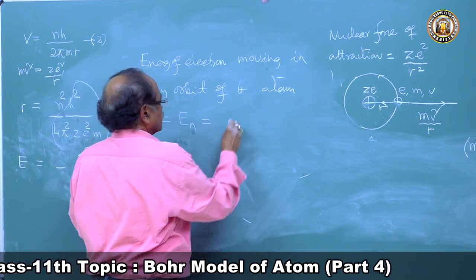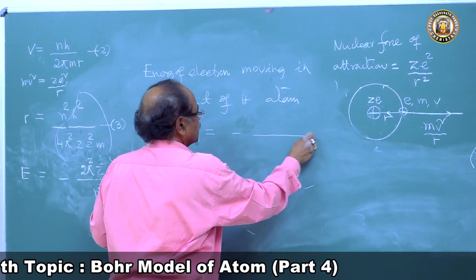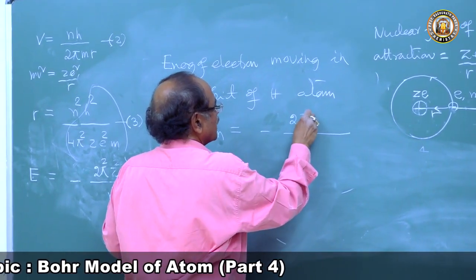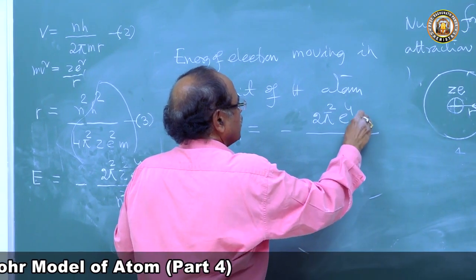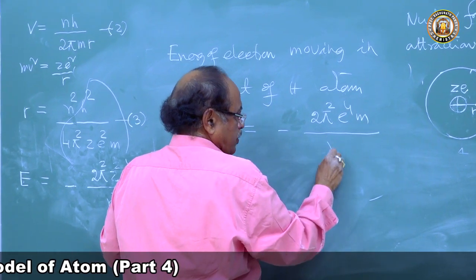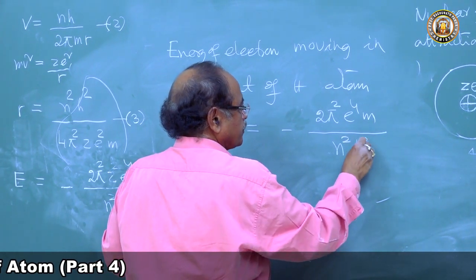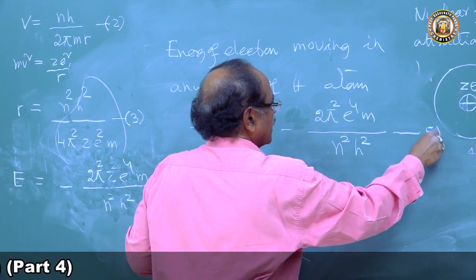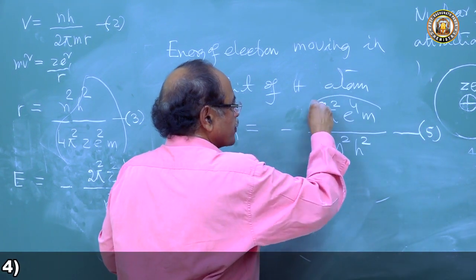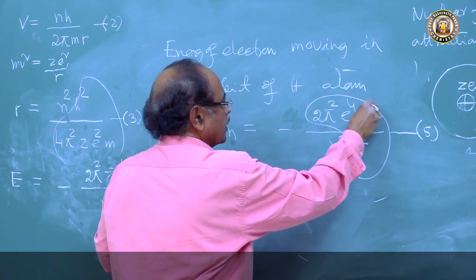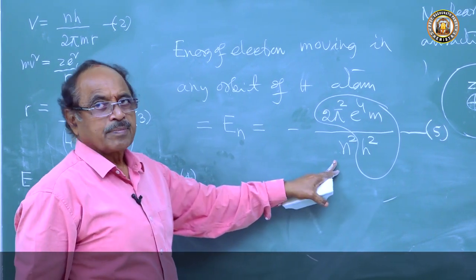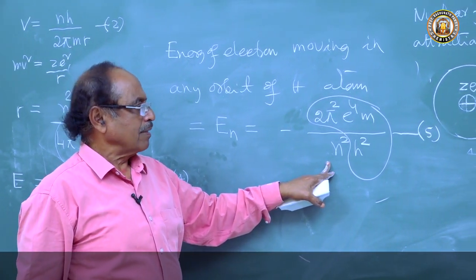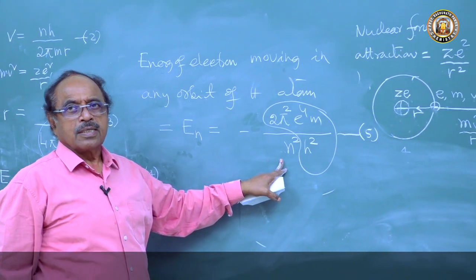So we get here minus 2 pi square e fourth m by n square h square. So this is equation 5. By putting all these values and n equal to 1, we can calculate the energy of the electron.